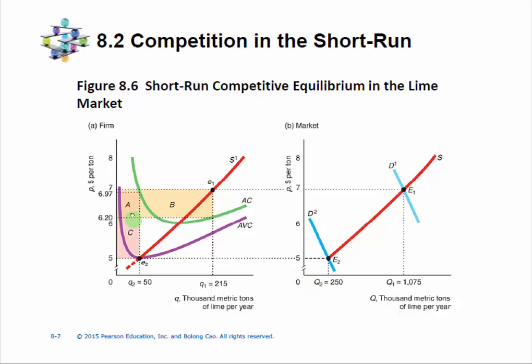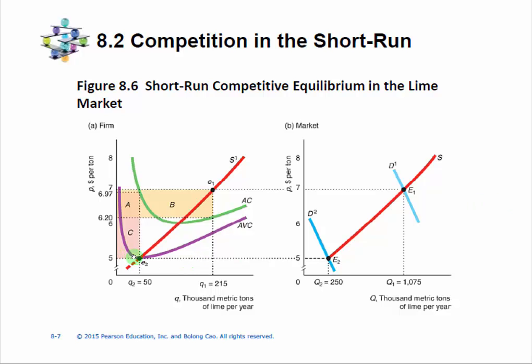The loss is average cost $6.97 minus the price $5. So for each unit, the loss is $1.97. And the firm produced 50 units. The 50 units times the $1.97 loss means that each firm loses $98,500.